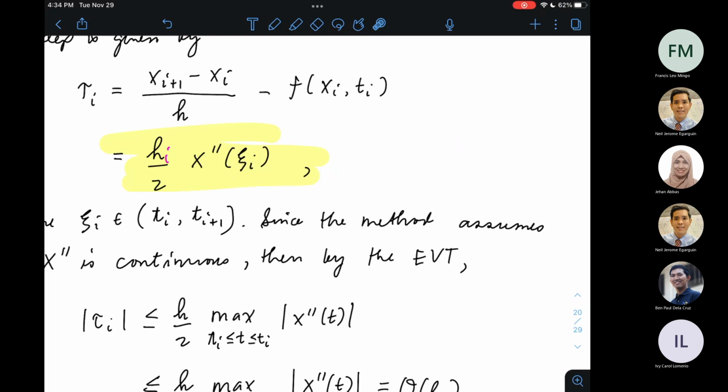Right? So the big O notation is basically, it gives us an asymptotic upper bound. So meaning that our function, the exact expression, will be eventually bounded above by a scalar multiple of the function h sub i, or the function h. Kaya yung Euler's method, tinatawag natin siya na order 1. Kasi ang order ng local truncation error niya ay big O of h.